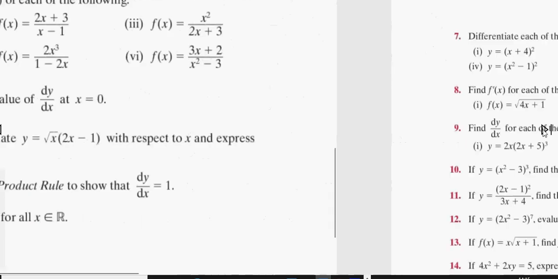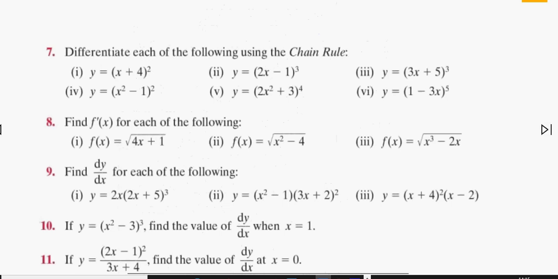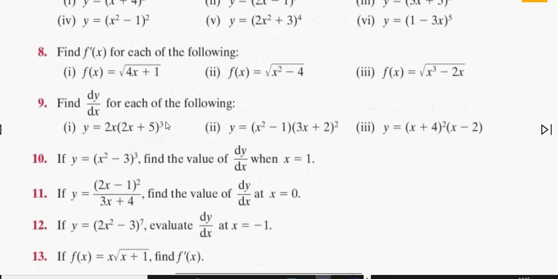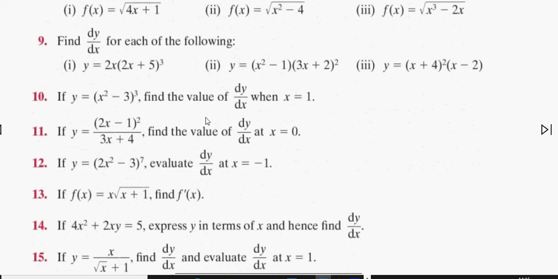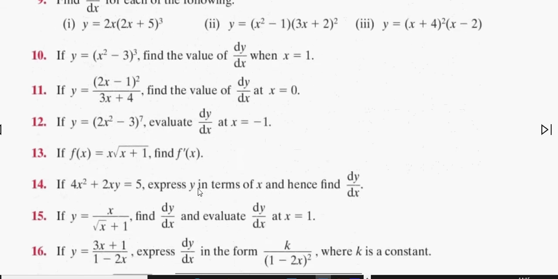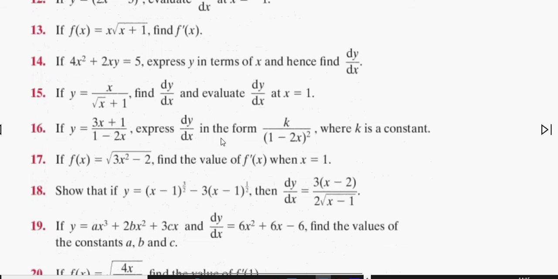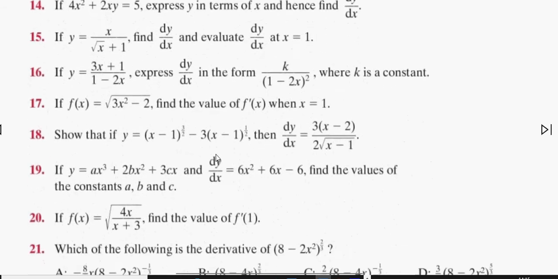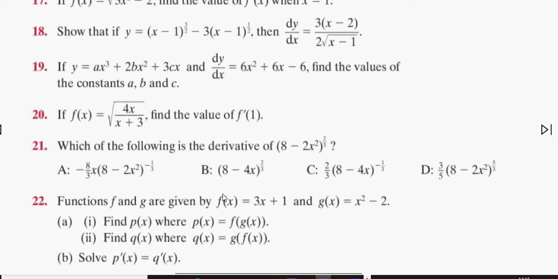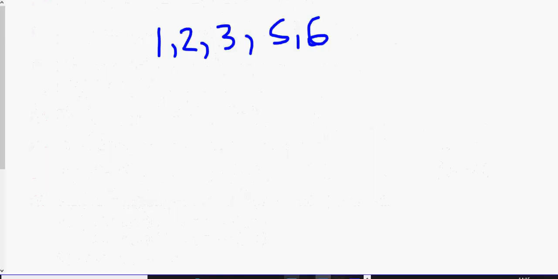We're skipping the chain rule for today, per your advice. Apparently, you guys can only do 16 is the only other one you can do. So for homework tonight, questions 1, 2, 3, 5, 6 and 16.